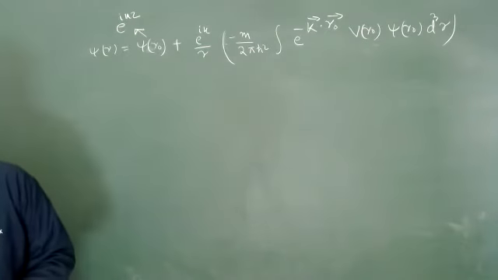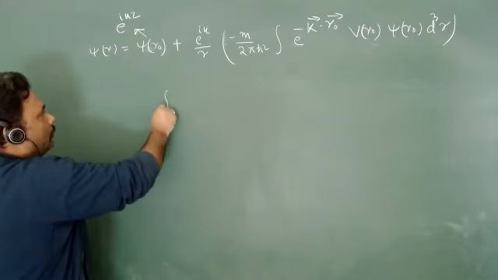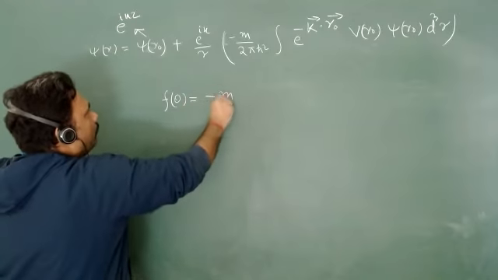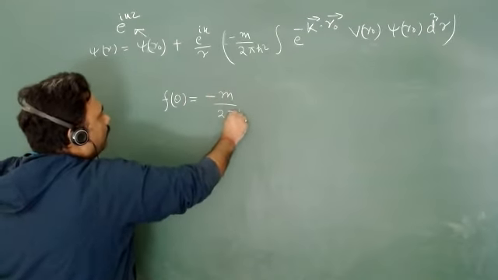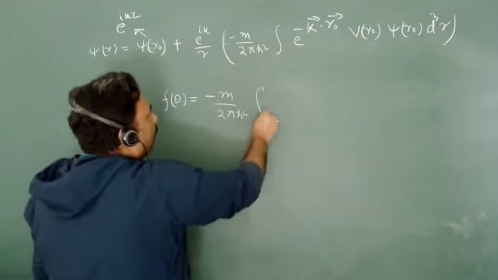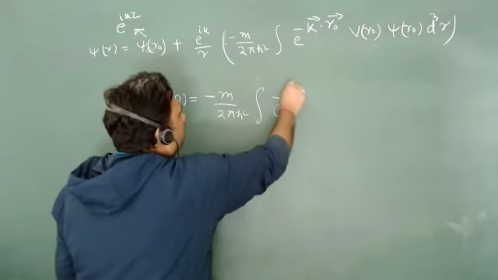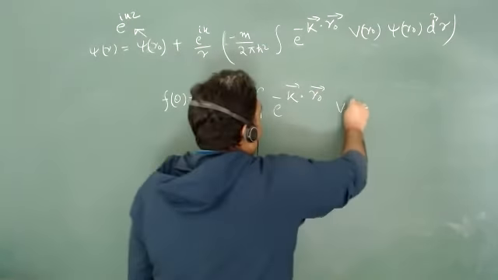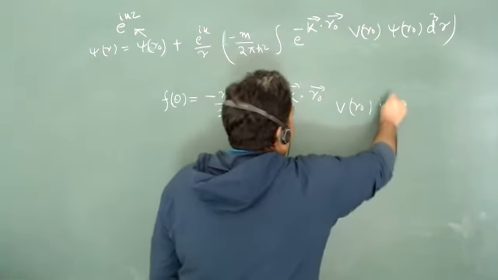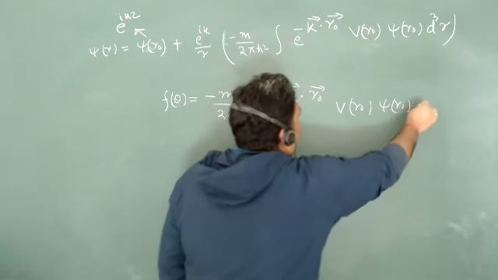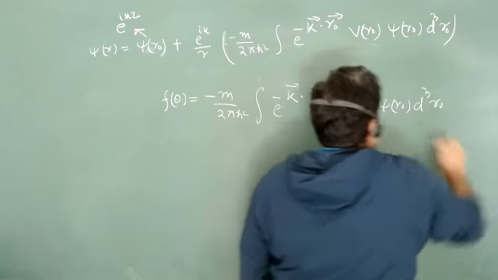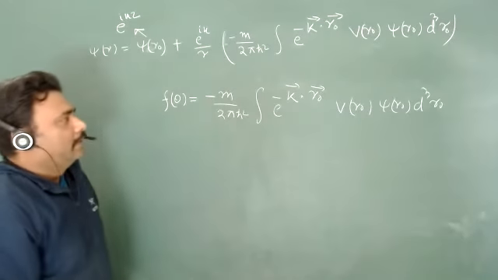So what is my F theta? My F theta is minus m upon 2 pi h cut square, e to the power minus i k dot r naught, v r naught, psi r naught, d cube r naught, and this is r naught, not r. So this is my F theta.